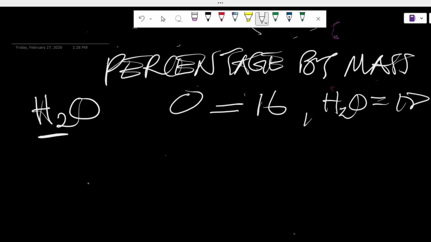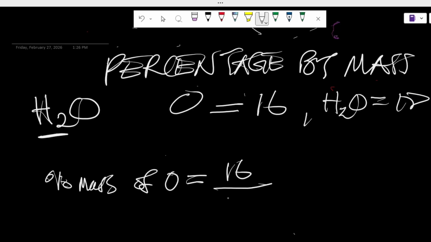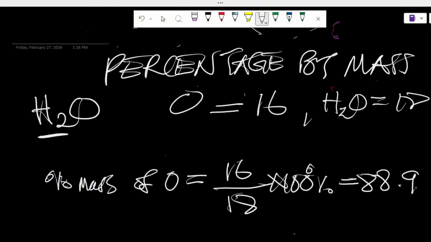So the percentage by mass of oxygen is the amount of oxygen, which is 16, over the total amount, which is 18, multiplied by 100%. And this is going to give you 88.9%. This is the percentage by mass of oxygen.